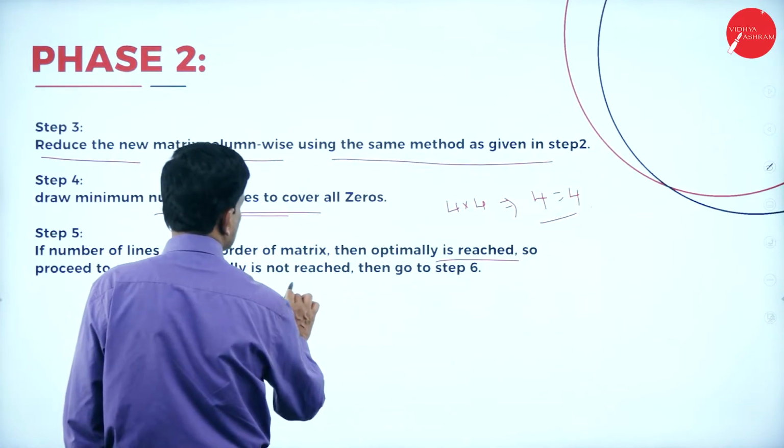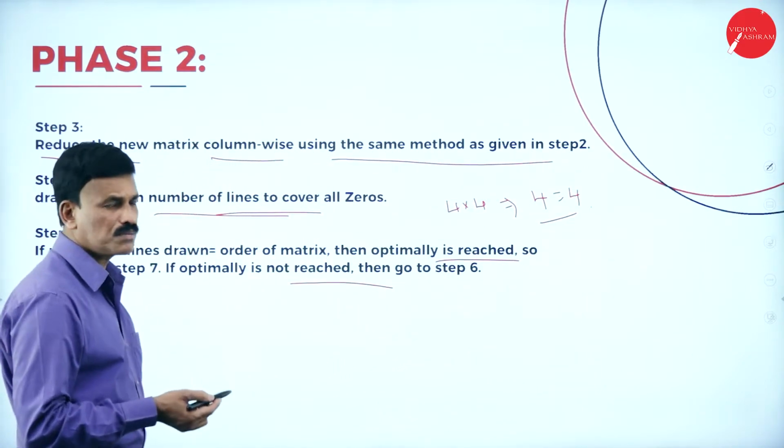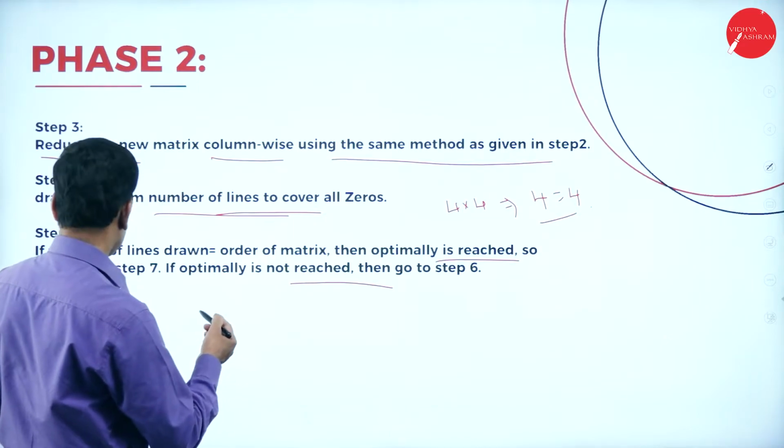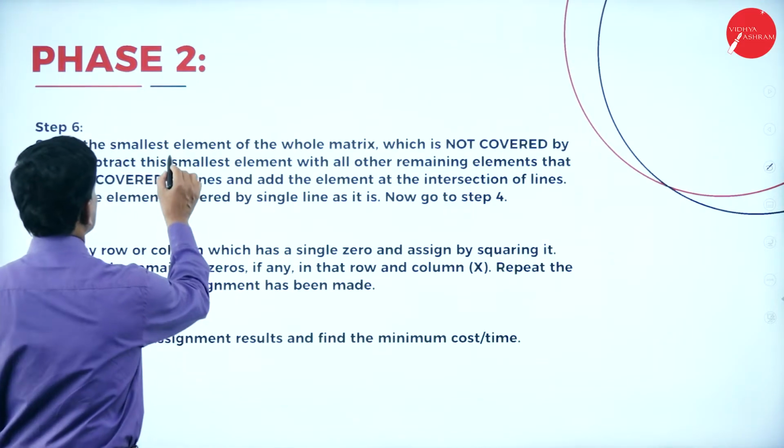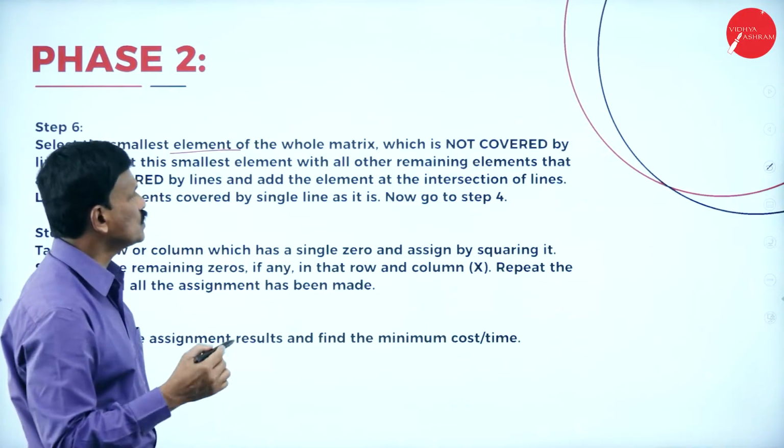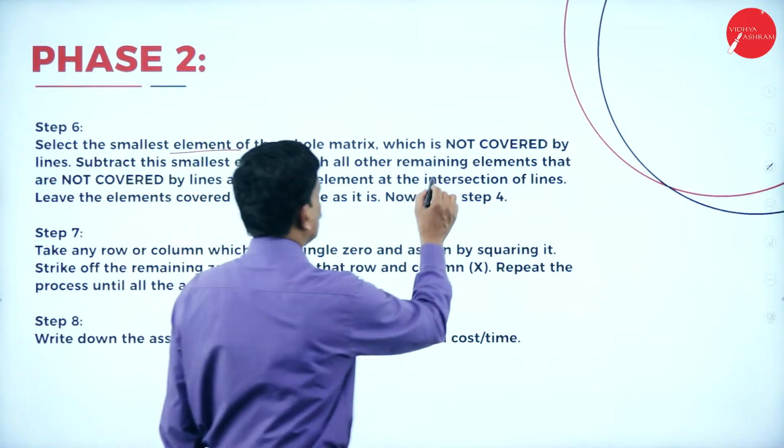If optimality is not reached, then we go for step 6. What is the next step we are going to follow? Select the smallest element of the whole matrix which is not covered by a line. This is very important.